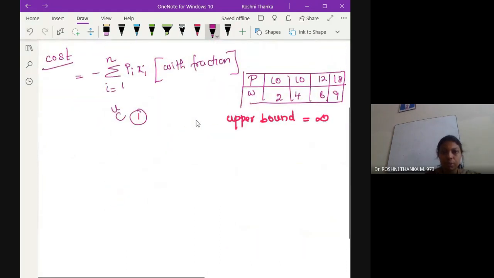There are 4 items, so we sum up 10, 10, 12, and 18. If you find the sum of all of this, 10, 20, 30, 40, 42, right?